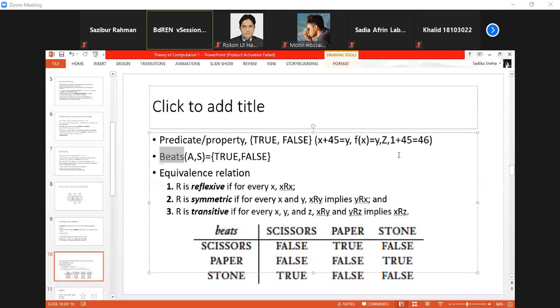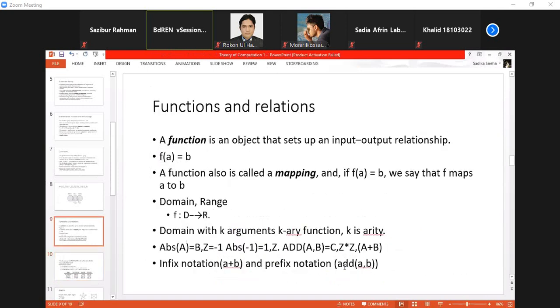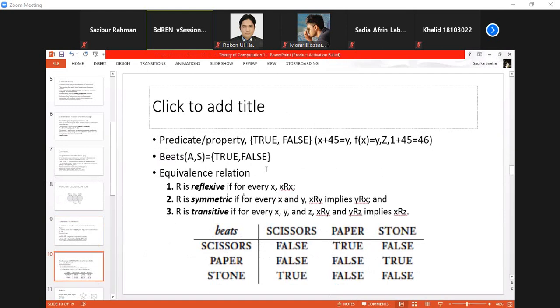Now there is one more thing, as we discussed in the previous part, the arity based on the domain of a function. For any predicate, the arity, the number of inputs of a function, that is the number of input arguments in a domain, is known as k-ary relation.